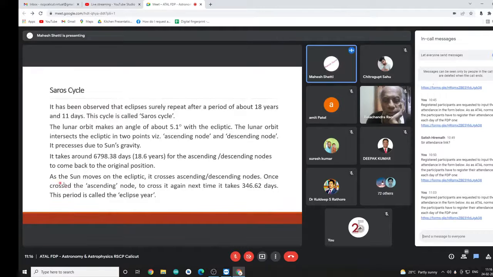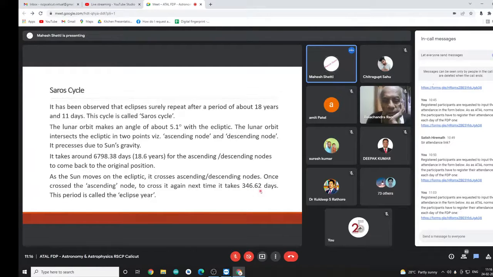Let us see. As the moon moves on the ecliptic, we are talking about the moon moving with respect to Earth. It crosses the ascending and descending node. Once it crosses the ascending node, it will cross again after 346.62 days, which we have already called the eclipse year. So remember this figure of the eclipse year, 346.62 days.